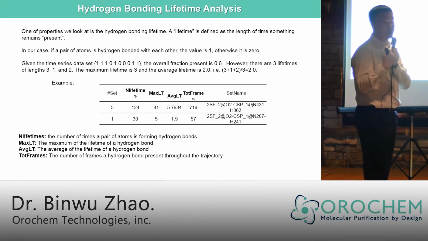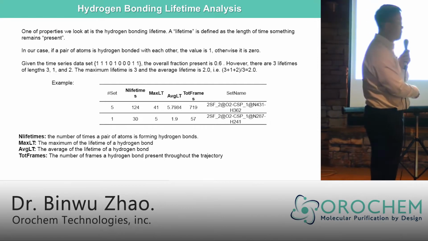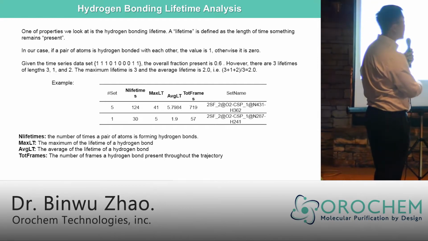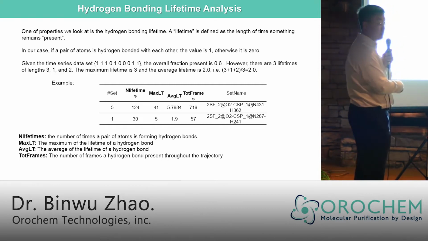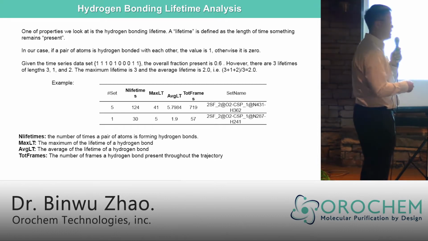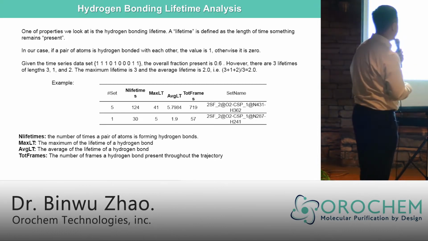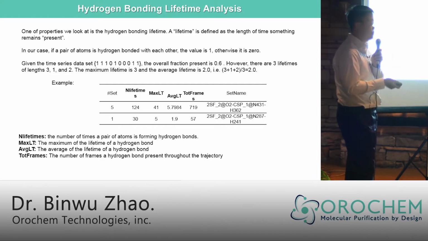So when you look at a specific example of the interaction between CSP and drug, there will be many potential hydrogen bonded pairs in the system. And we count all of them, and by the end of it, we look at 4 properties. One is N lifetime, that signifies the number of times a pair of atoms is forming hydrogen bonds. And then the maximum lifetime is the longest lifetime of a hydrogen bond.